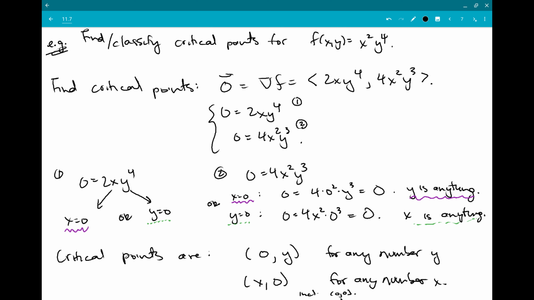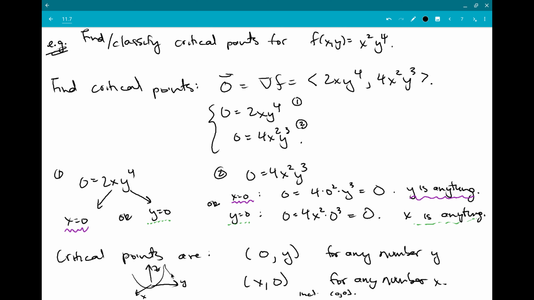Just to be clear, this does include (0, 0), either taking x and y 0 here or taking y and x 0 here. But it also includes things like (0, 1), (1/2, 0), (a million, 0), and so on and so forth.